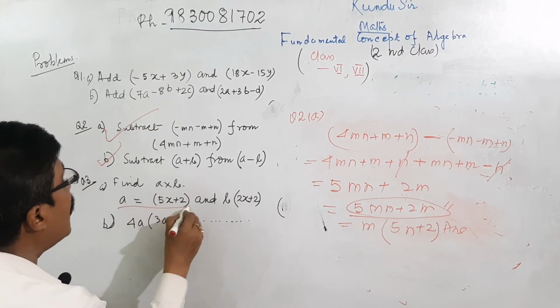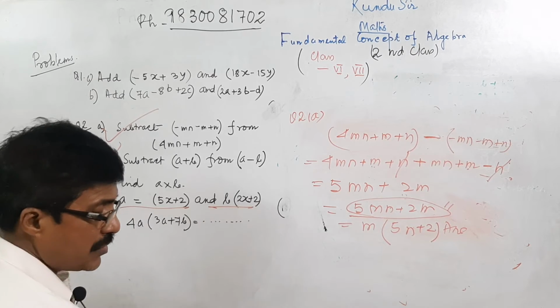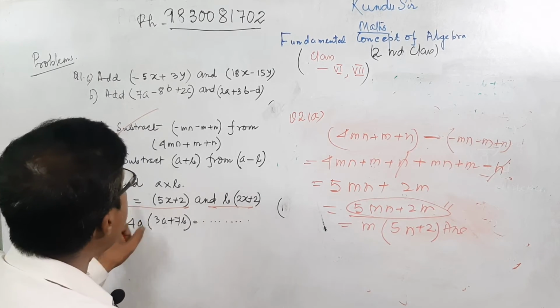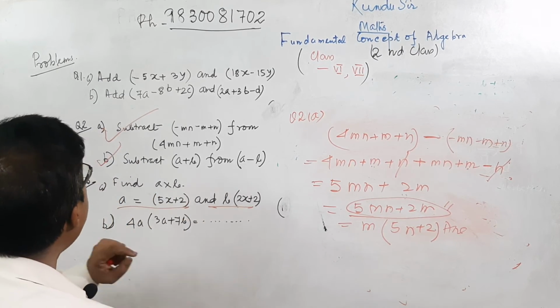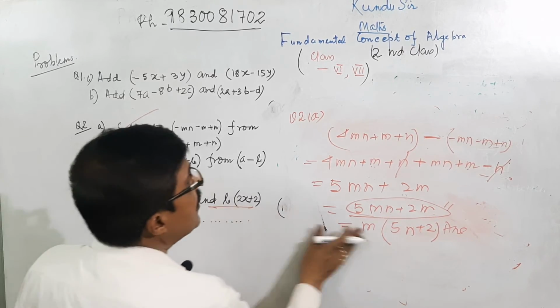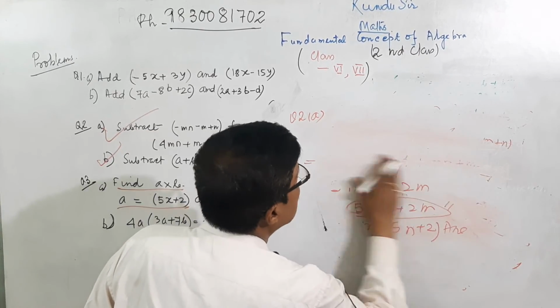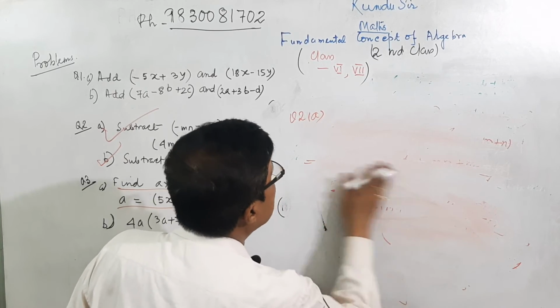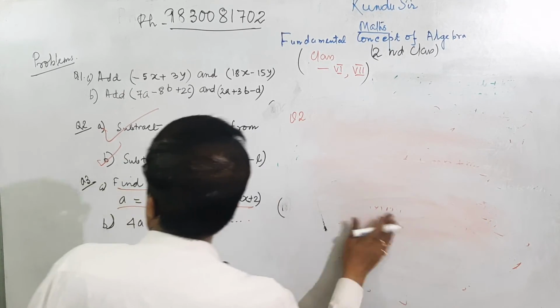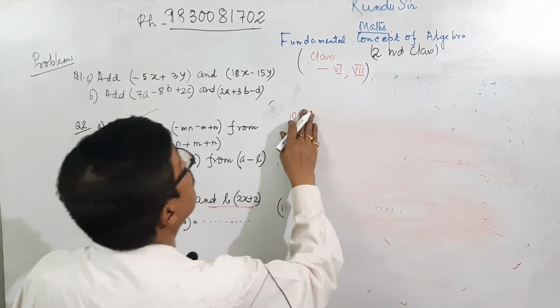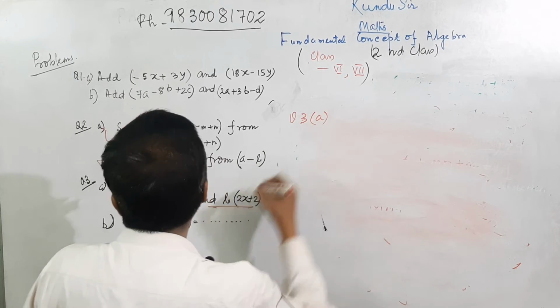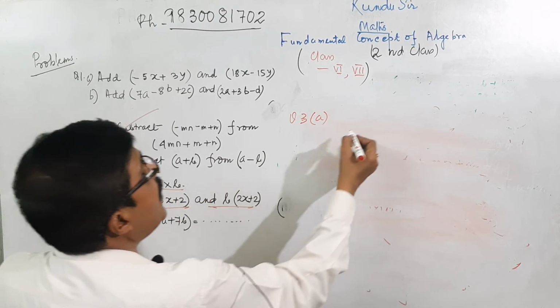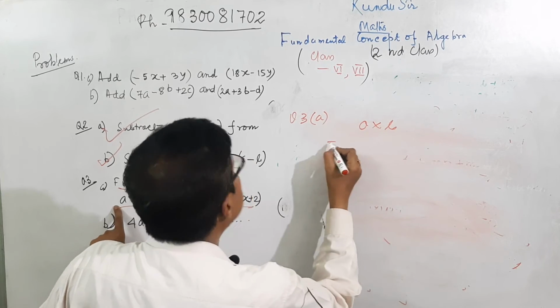Now A equals this and B equals this. You have to find out A into B. That means it is a multiplication that we have to do now. This is problem number 3a. A into B. What is A?